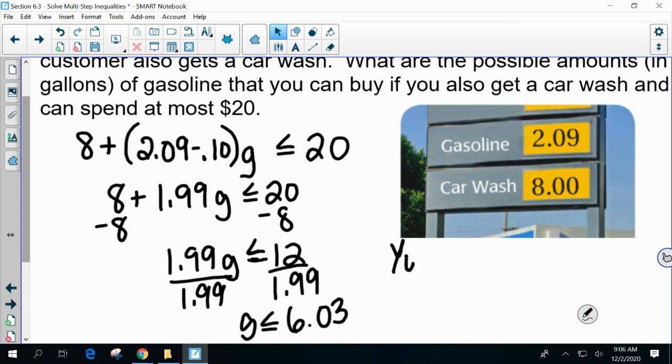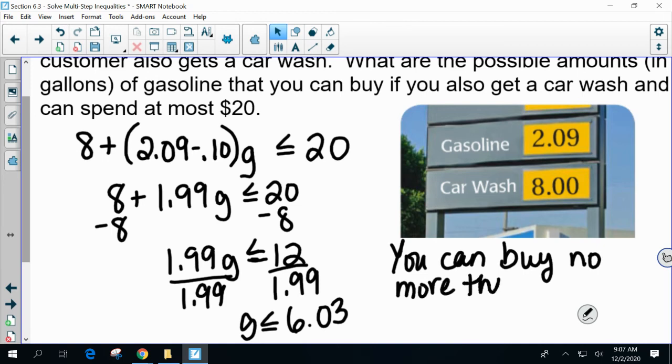So you can buy no more than 6.03 gallons, which is not a lot. That's probably like a quarter of a tank in my vehicle. In a car, that'd be like a third of a tank, probably, about, which is not a lot. So probably not worth getting a car wash unless you just really need a car wash, right?